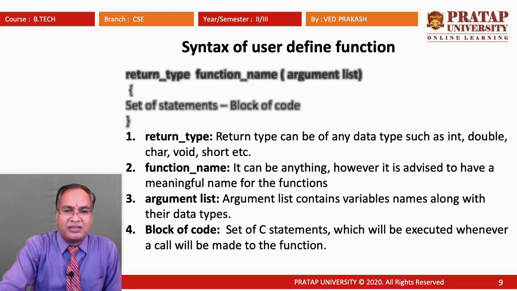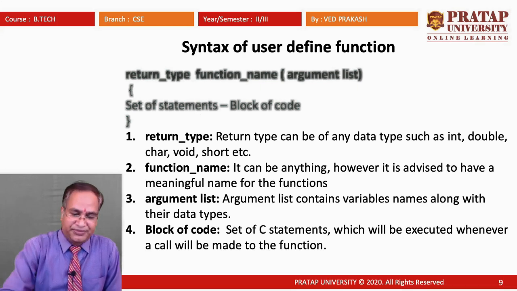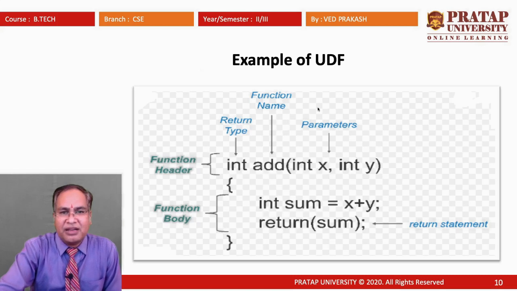Basically, argument list contains variable names along with their data types. Block of code is basically a set of statements used in the curly brackets to make the action of the function.